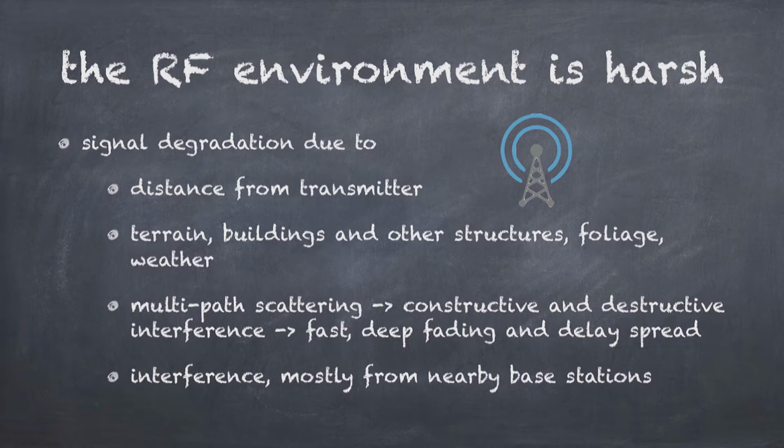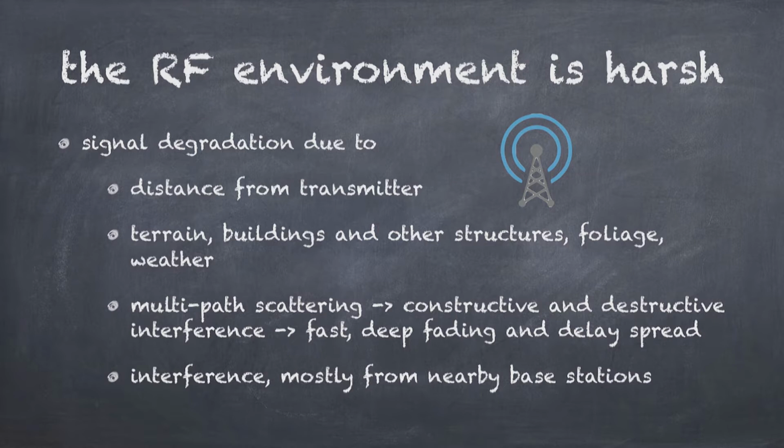Signal degradation is due to, of course, distance from the transmitter, but also terrain, buildings, other structures, leaves, weather. All those things get in the way and make the transmission or reception of your signal more difficult.